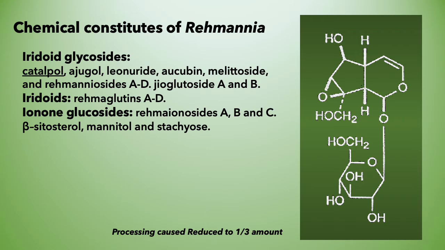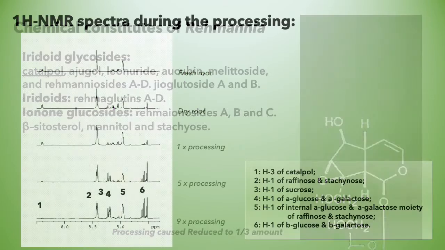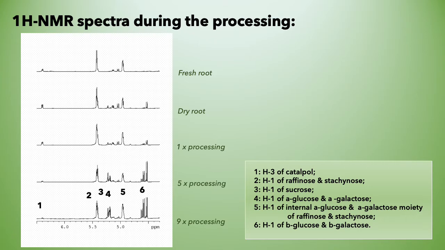So catalpol most of the time represents its quality in the non-processed, but in the processed one, the catalpol is reduced to only 1/3 of the non-processed amount. So it's significantly reduced. Here we used NMR technology to measure the fresh root of Rehmannia glutinosa, the dried one, the 1-time processed, steamed in the rice wine, the 5-time processed, and the 9-time processed.